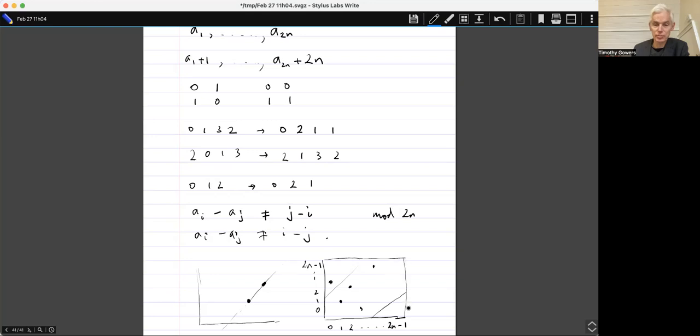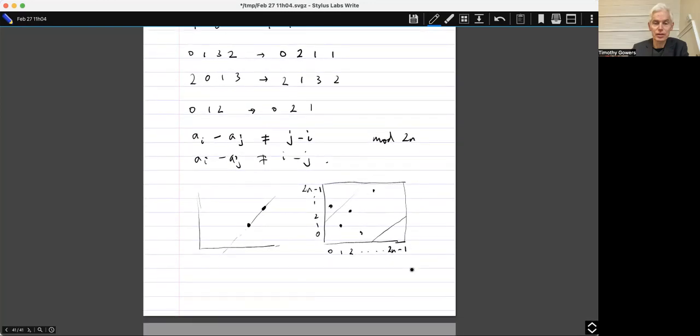But there may be something funny going on with these diagonal lines, because how many points do you get in a diagonal line? And how many diagonal lines are there? That would be straightforward if n is odd.